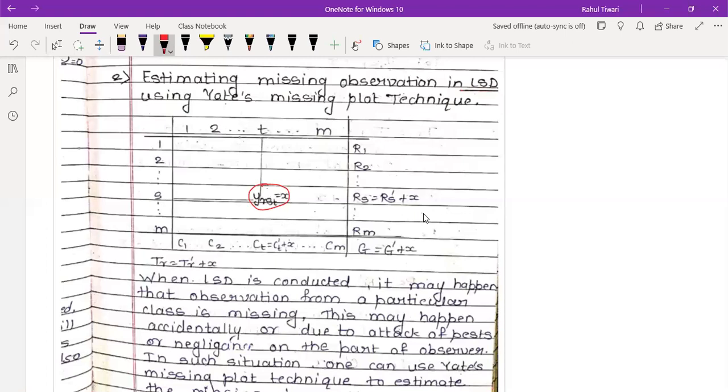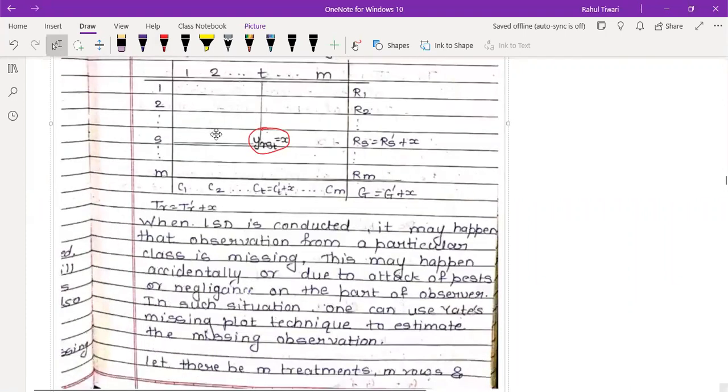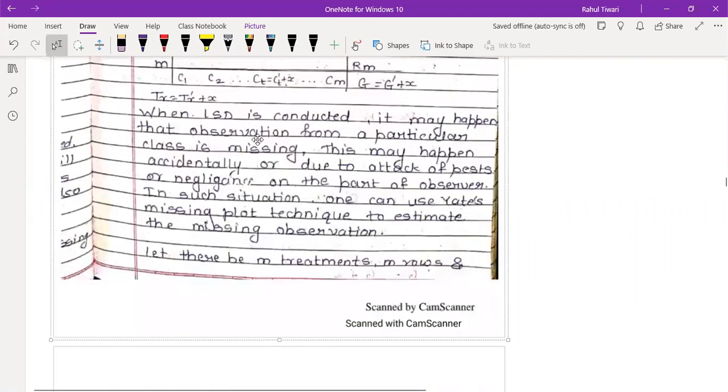So here, this T represents the treatment total. This is the row total. This is the column total. Correct? And what is your treatment total? It's the treatment total dash plus X. When LSD is conducted, it may happen that some of the observations are missing.